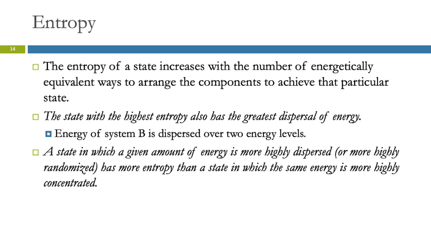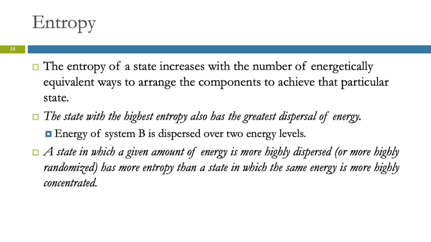So the entropy of a state increases with the number of energetically equivalent ways to arrange the components. We can also think of this as the state with the highest entropy is going to have the greatest dispersal of energy, or the energy is going to be more spread out.